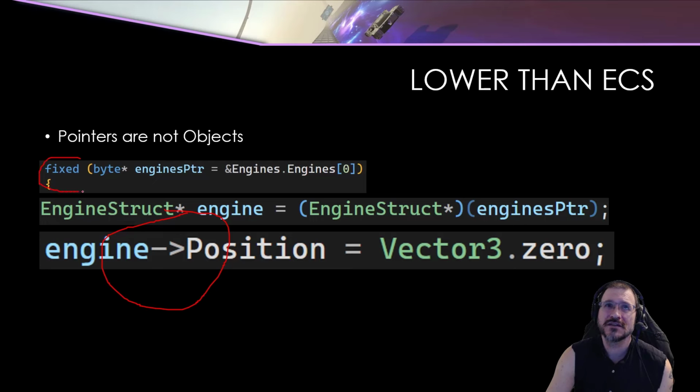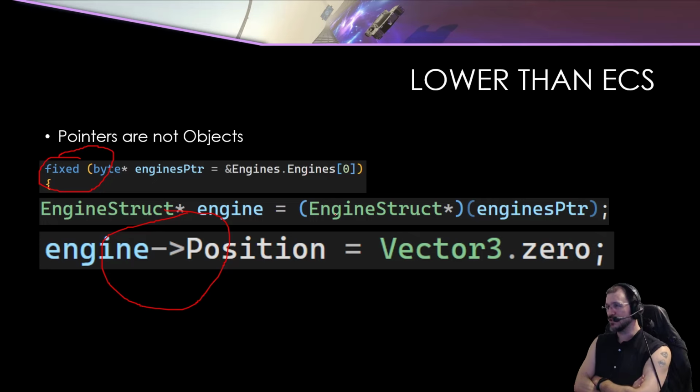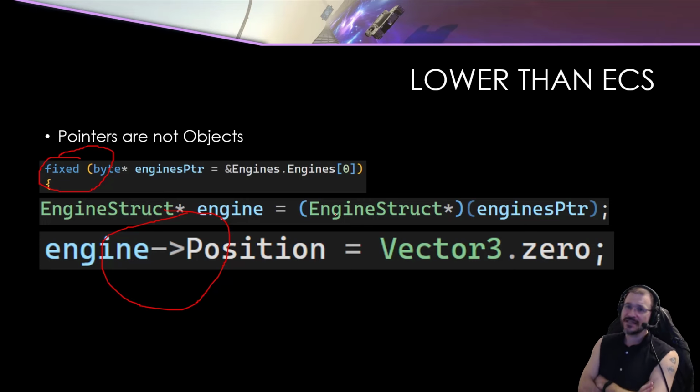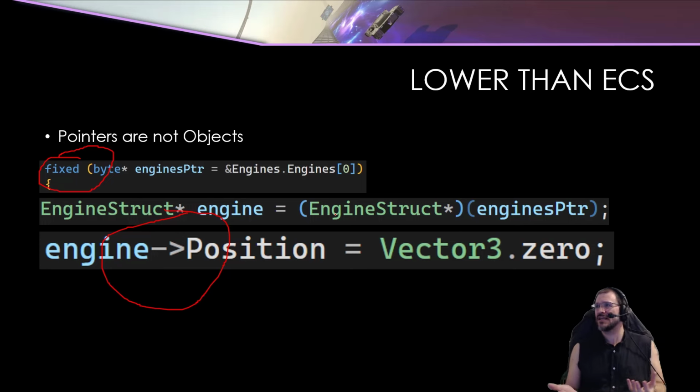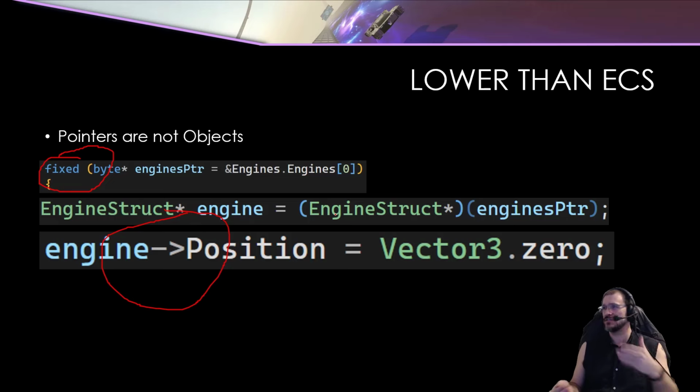Now, there's a challenge here with this one. Fixed, getting that byte array pointer in the first place. Remember, this is against a managed object. And that means that garbage collection could be executed at pretty much any point it makes up its mind to. It's not like it has some specific set of executions that say, just run garbage collection when you tell me to. No, it decides when to run on its own, and that could be in the middle of a set of instructions. But it's managed memory.